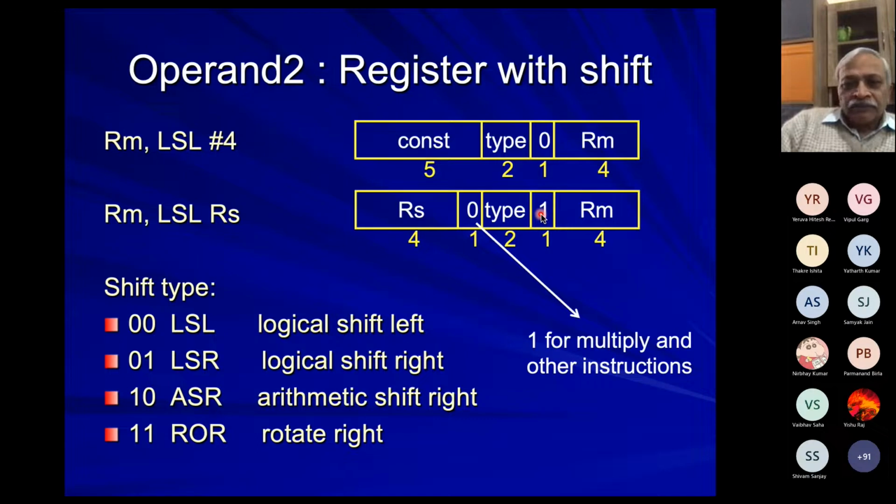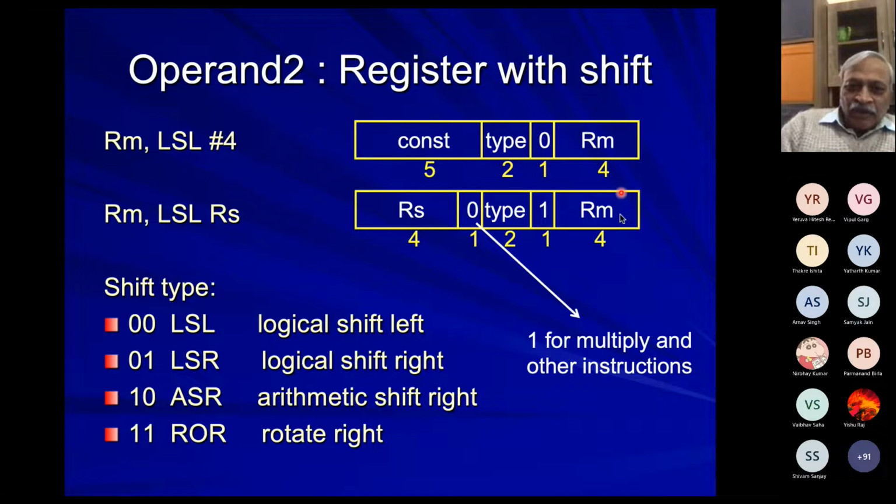Sir, in this arithmetic shift right, it will multiply by 2 while maintaining the sign, right? Shift right actually amounts to division by power of 2. Oh, sorry. A related question is, why don't we have arithmetic shift left?